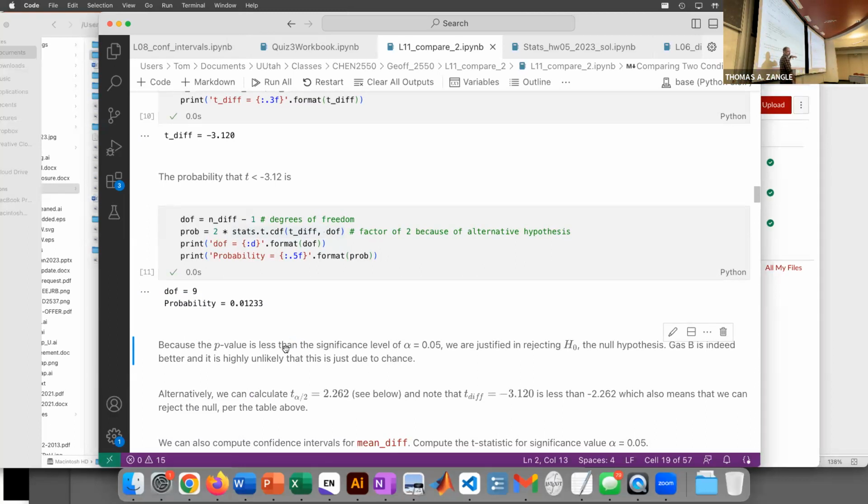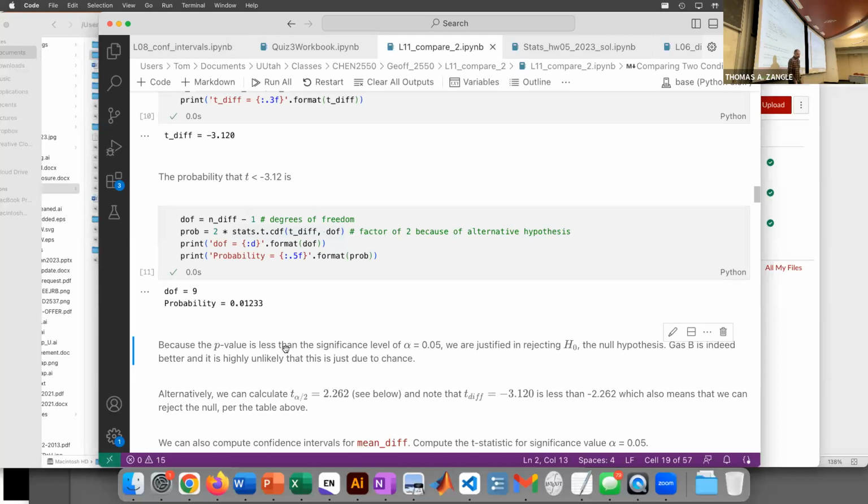An equivalent way to approach this is to just look at the t-statistic without those p-values. Compute the t-value. In this case, we would see that the t-value for alpha over 2, so 0.05 over 2, or 0.025, with 9 degrees of freedom, ends up being 2.26.